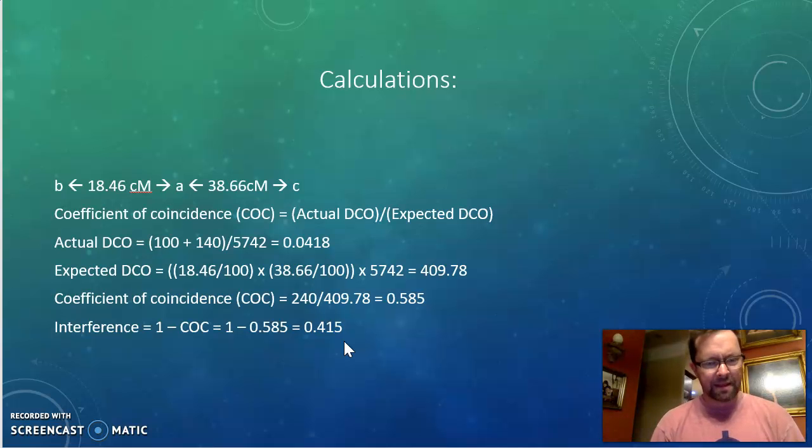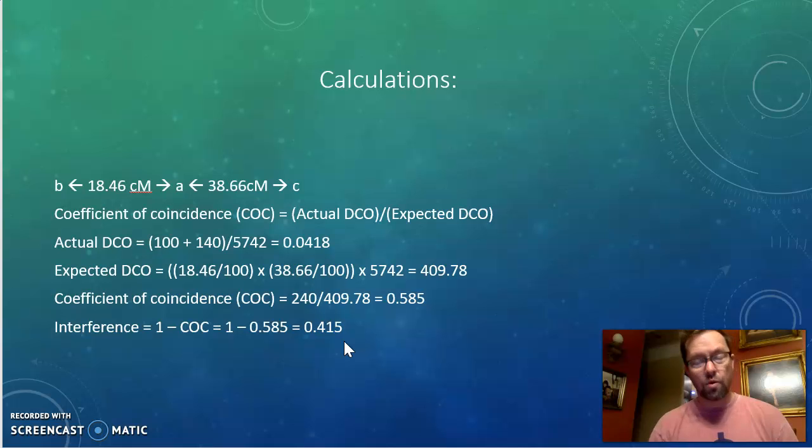If the interference is less than 1, it's a positive interference, which implies that the chances of a double crossover are less if one crossover has occurred.